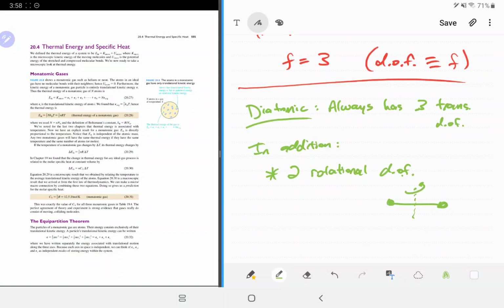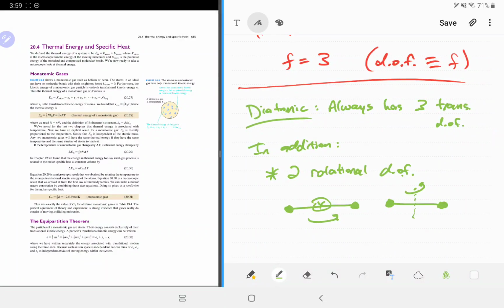You can imagine this thing on the left is coming out of the page and this one on the right is going into the page. So that's rotation around that axis. Another thing is that this thing could rotate about an axis that's going into the page, which corresponds to it rotating in the plane. So if this thing on the left is going down, this thing is going up.